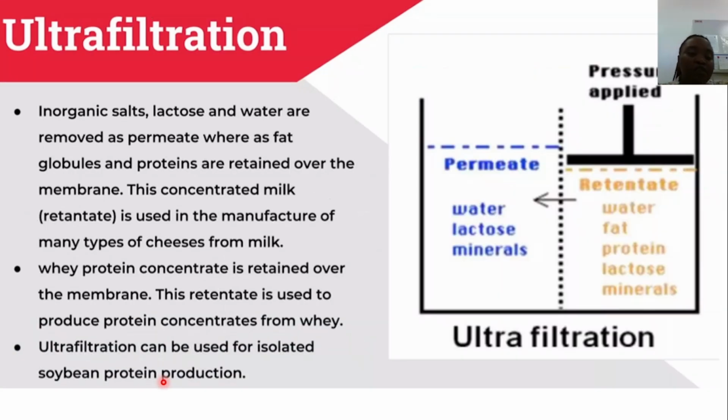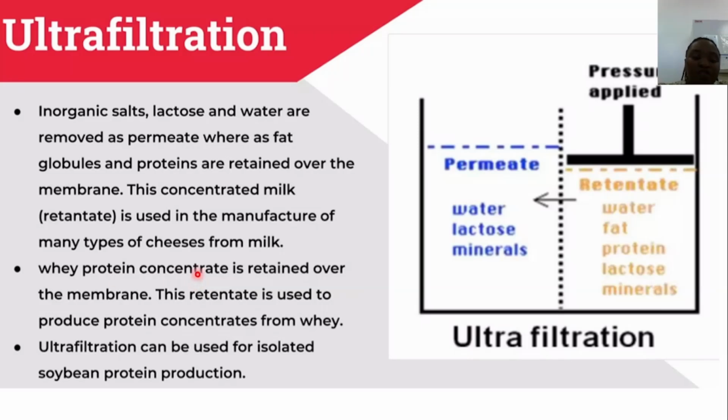Inorganic salts, lactose, and water are removed as the permeate, whereas the fat globules and the proteins are retained over the membrane. This concentrated milk or retentate is used in manufacture of things like cheese from milk.